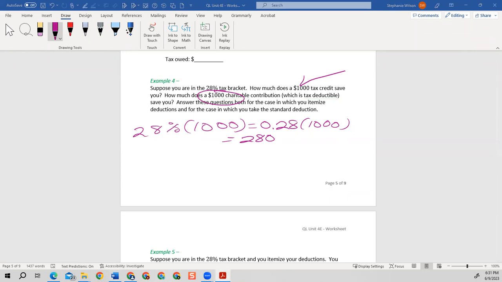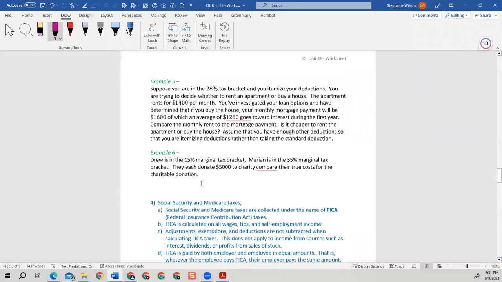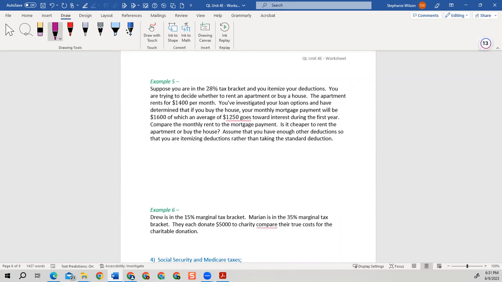So let's talk about the next example. Suppose you are in the 28% tax bracket and you itemize your deductions. You are trying to decide whether to rent an apartment or buy a house. The apartment rents for $1,400 per month.